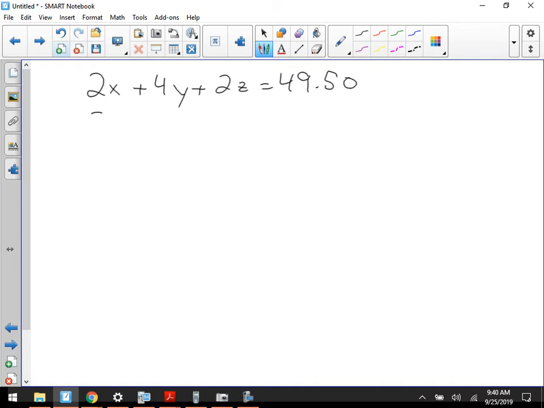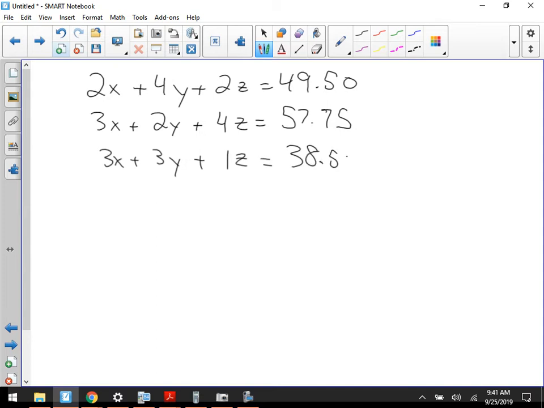And then 3x. So you've got your garland for x, wreaths for y, and poinsettias, however you want to pronounce it, for z. And then you have a system of equations.